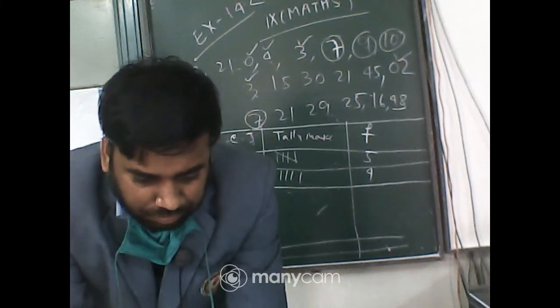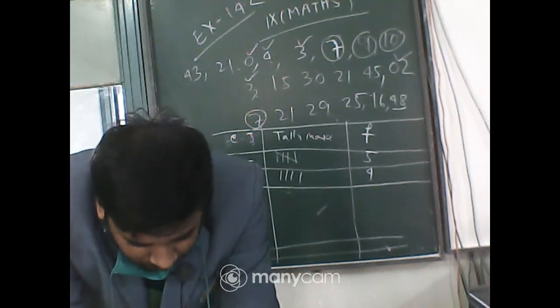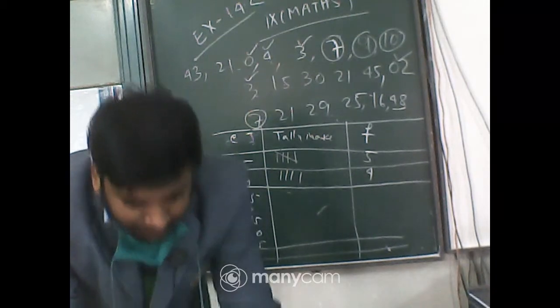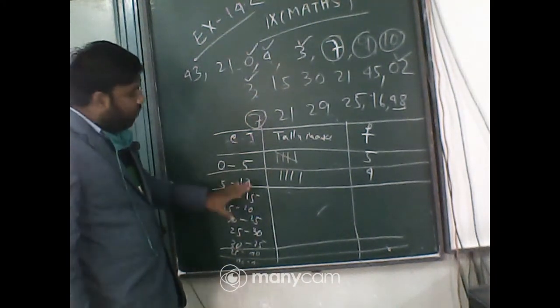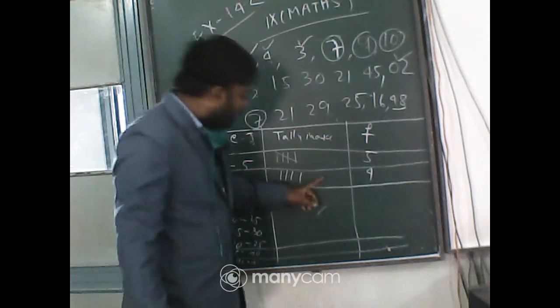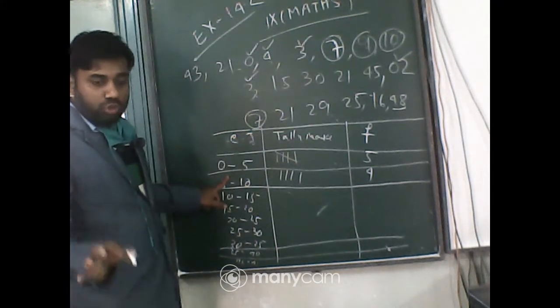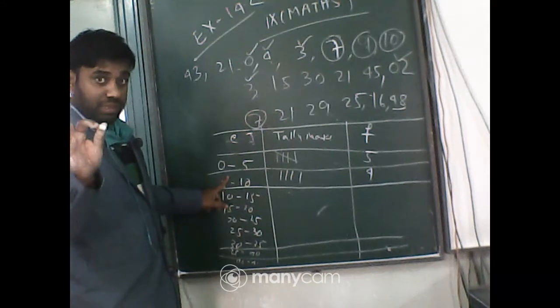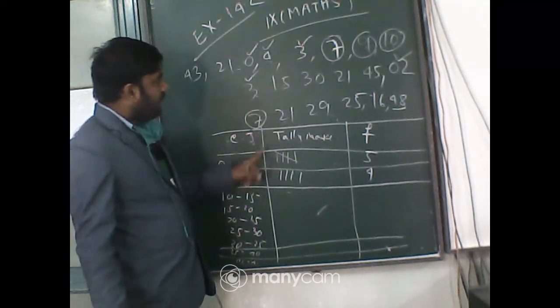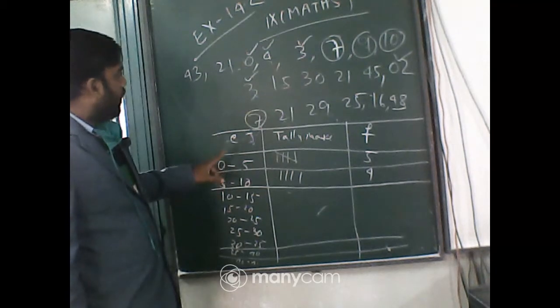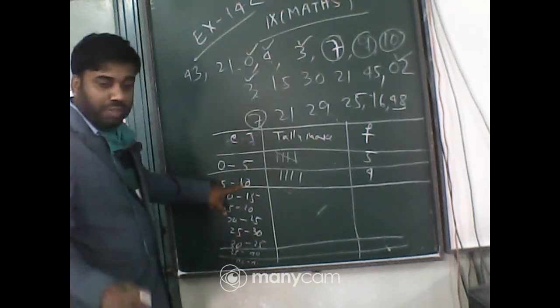Sir, in the previous interval we would not take the number 10? Yes. If you don't want to include that 10 in this interval, then that upper limit, all the numbers just follow that. You have to take it in the next interval.